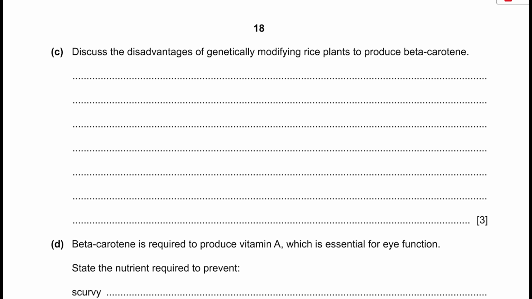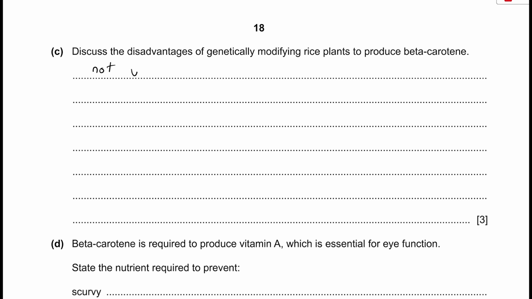Part C says discuss the disadvantages of genetically modifying rice plants to produce beta-carotene. Now what are the disadvantages? One of the disadvantages is that people have ethical concerns, not widely accepted by consumers.